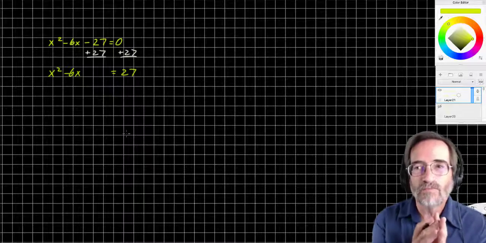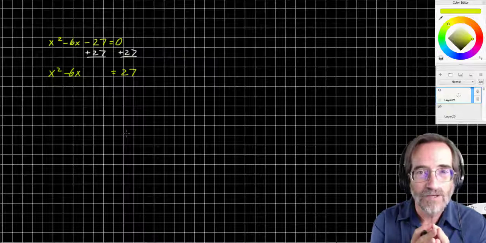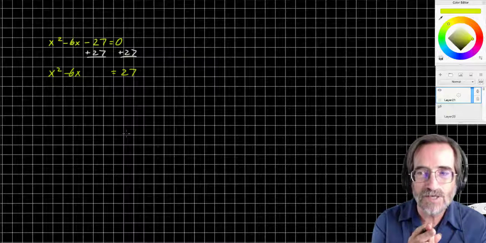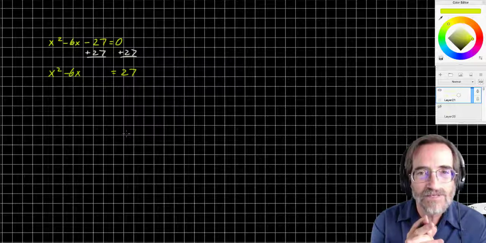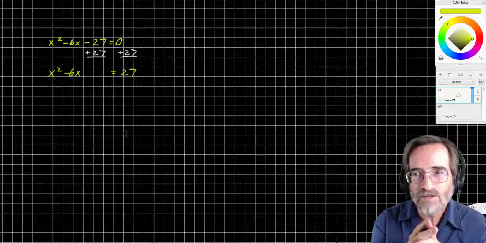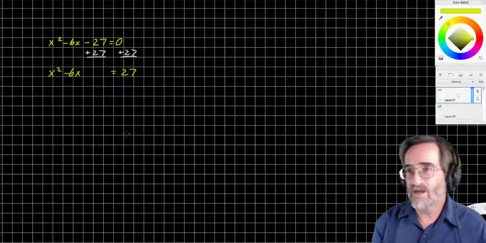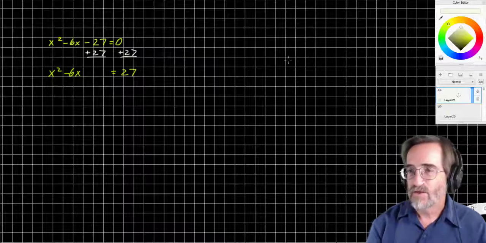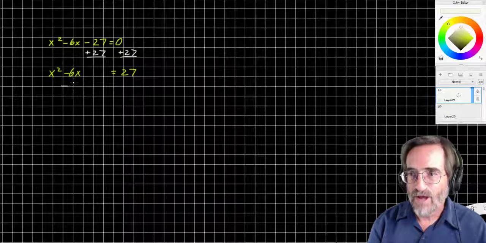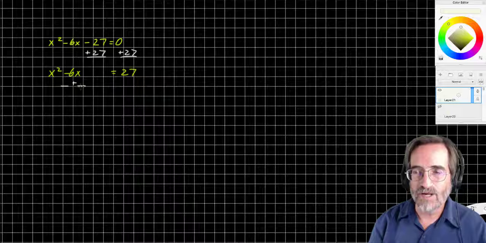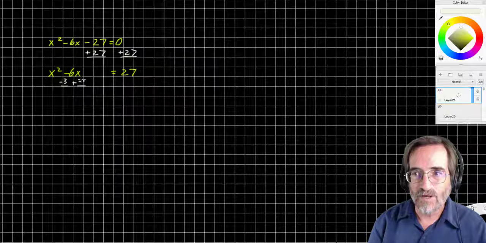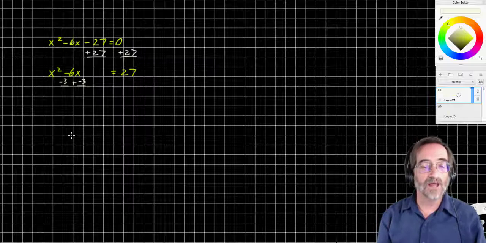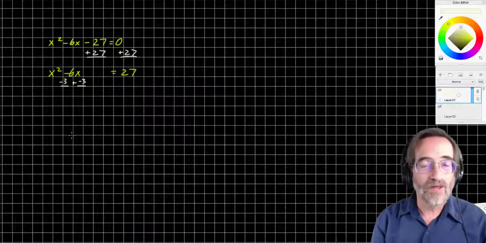So here's the thought process I go through now. I have x squared minus 6x on the left and 27 on the right. I think about that -6. In a perfect square, I need to think of a number that when I add it to itself makes -6. The answer is -3, because -3 plus -3 is -6. Now you might think, hey, that's just half.